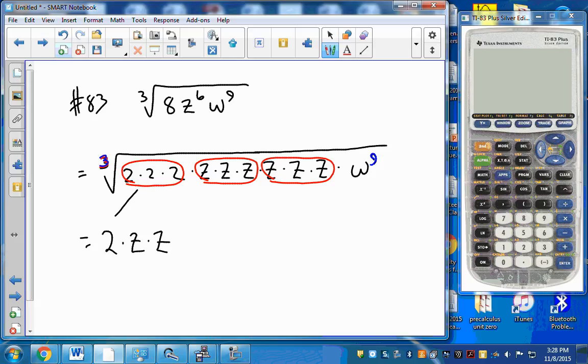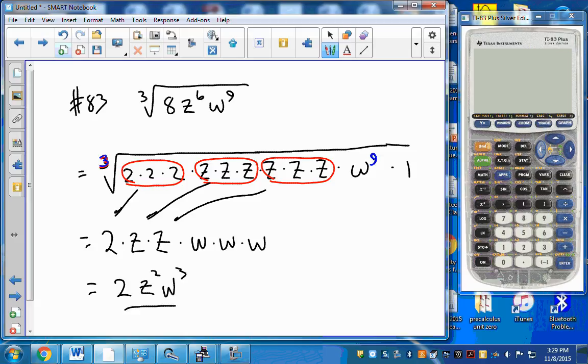There's the 2, there's a z, there's a z, and then we're going to have 3 triples of w. So w, w, w. And we're left with just at the back end the cube root of 1, which we know is 1. Here's the final answer, 2 z squared w cubed. Okay? And again, being clear between the 2 and the z.